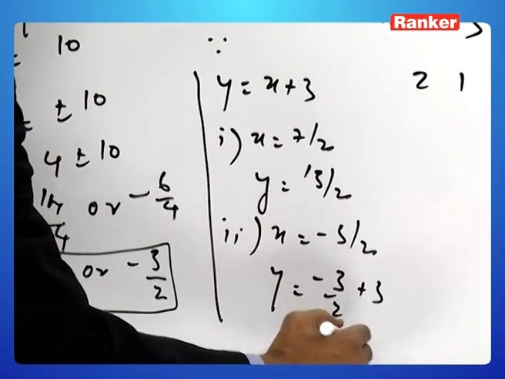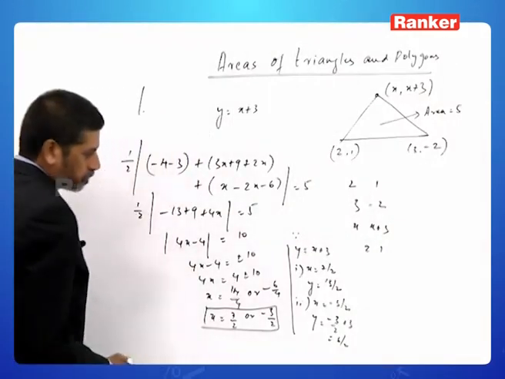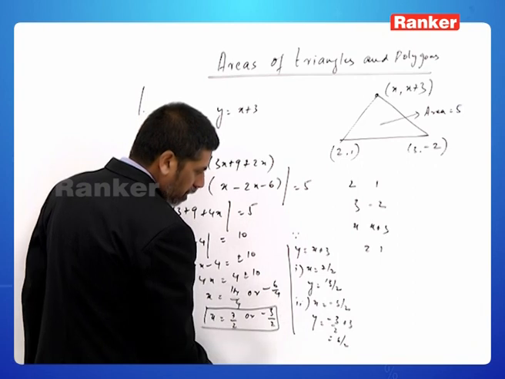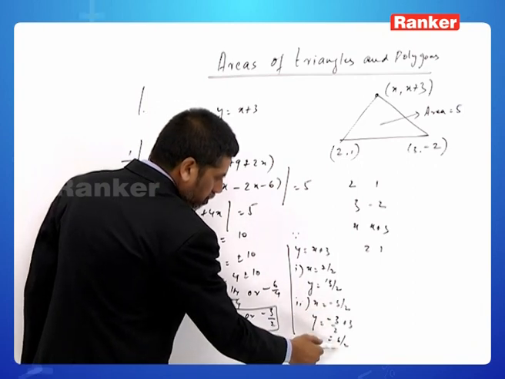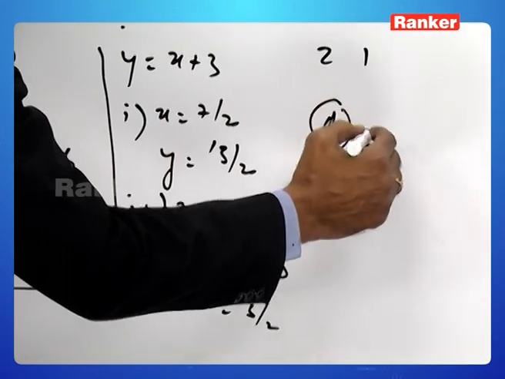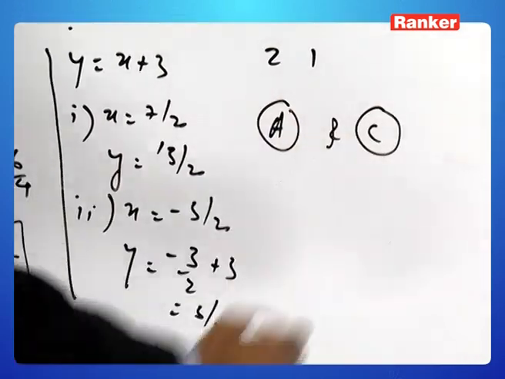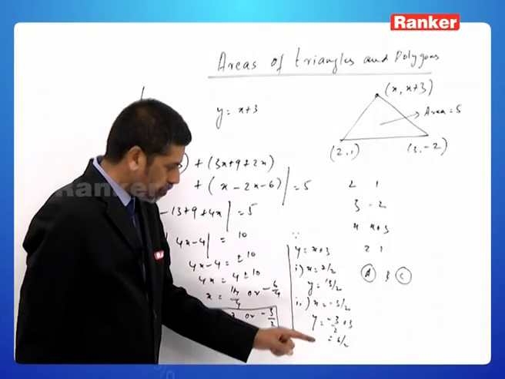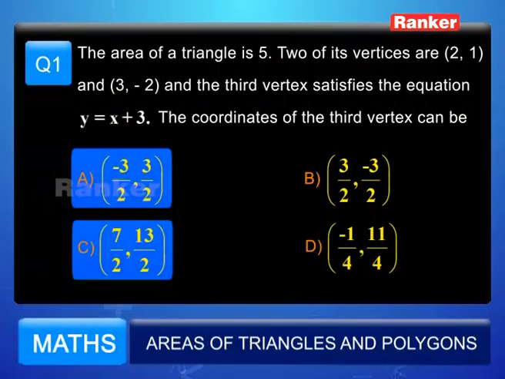This will be nothing but 3 by 2. So the possible coordinates are (7/2, 13/2) and (-3/2, 3/2). So you can see that options A and C are both possible in this problem.